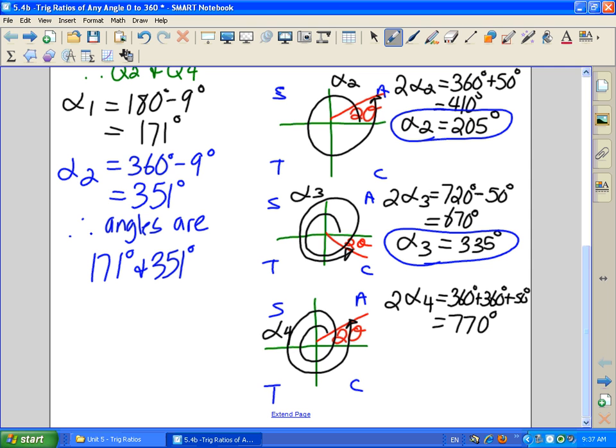If you don't, you could divide both sides by 2 and get that alpha 4 equals 385. Let me just double check that. Double that. Yeah, I think that's right. And that is outside of our limit. So these two are outside the restrictions.